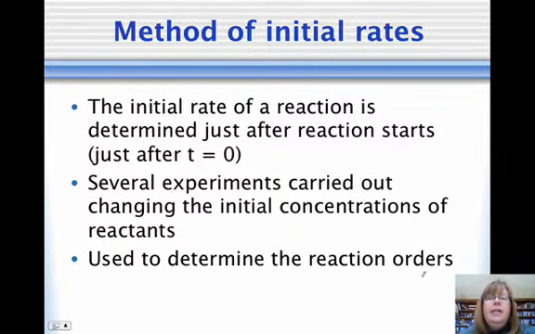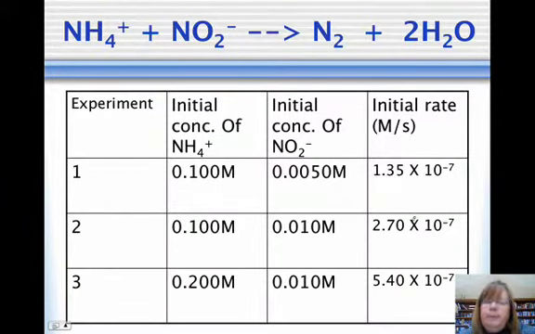And what you're going to see is these rates for several different experiments that were determined almost immediately after the reaction started. So right after you started the reaction. And you're going to see different experiments with different initial concentrations of your reactants. And then you're going to see how changing those reactant concentrations affects the rate. And then we're going to be able to figure out the reaction order.